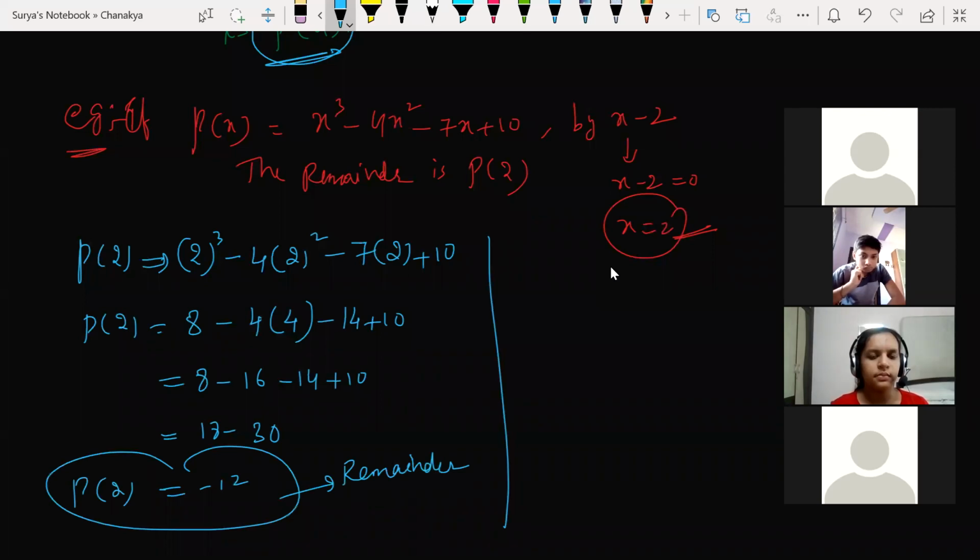So what did you understand from the remainder theorem? If you have any polynomial and divide it by a binomial, the remainder is going to be P of a. What is that a here?